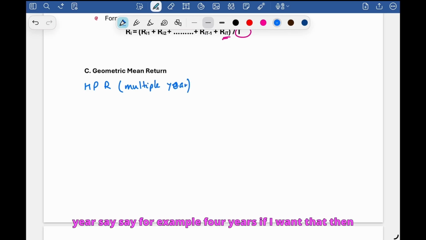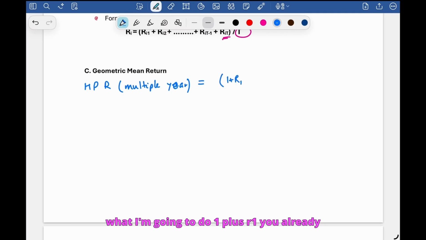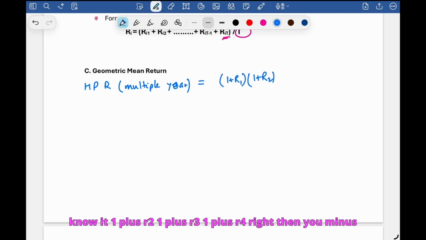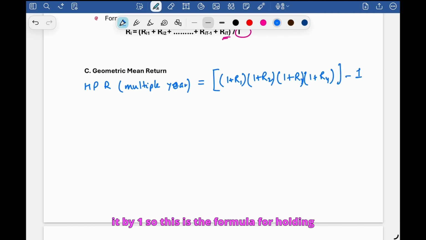Say for example 4 years. If I want it, then what I'm going to do, 1 plus R1, you already know it, 1 plus R2, 1 plus R3, 1 plus R4, right? So then you minus it by 1. So this is the formula for holding period return. What is the formula for geometric mean? Geometric mean is very much similar to this.